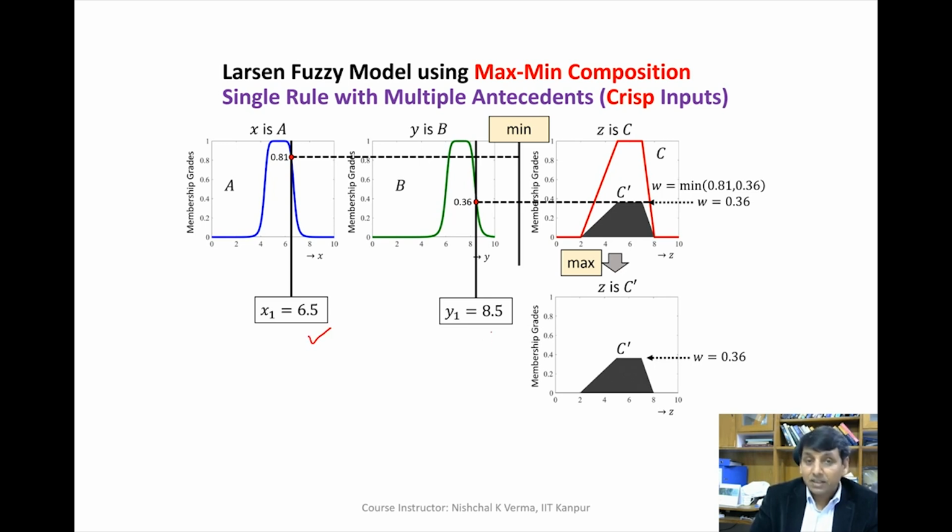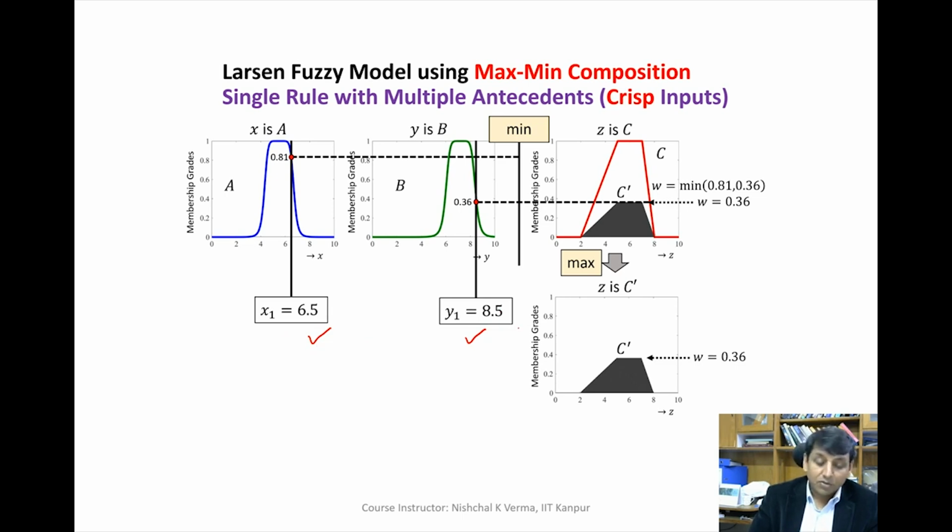You can choose any value which should be falling within the fuzzy region, within the universe of discourse. So here, for simplicity, x1 is equal to 6.5 and y1 is equal to 8.5.